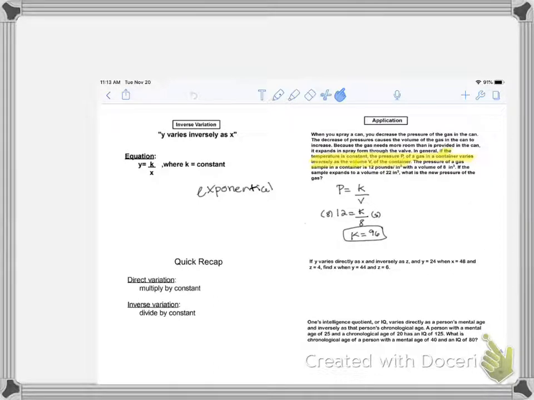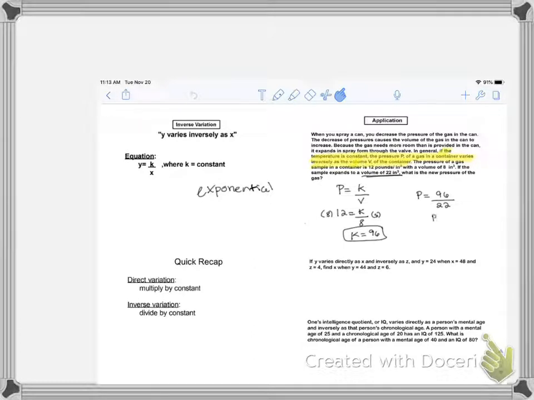So I'm going to take that information and plug it in with what I'm trying to find. If the sample expands to a volume of 22 inches cubed, what is the new pressure of the gas? So I would say, okay, pressure is unknown. It equals 96 divided by 22.